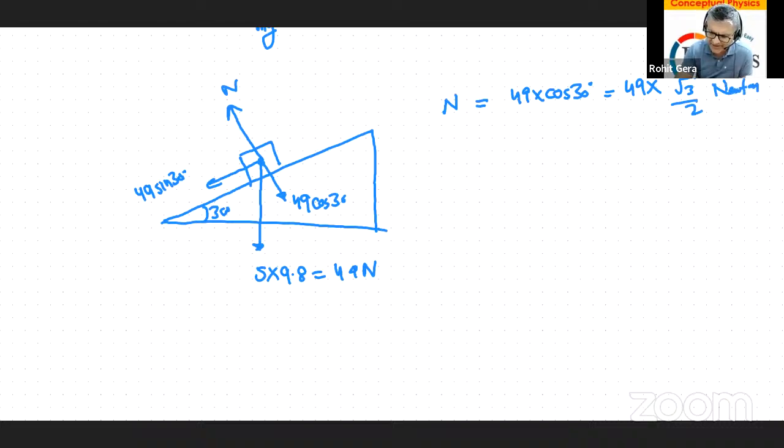And I will say the body is going along the x-axis downward because I can see the arrow is in this direction. And I will say the acceleration of the body in the new x-axis is g sine theta is equal to 9.8 into 1 by 2 is equal to 4.9. So we have done a real life example of this situation.